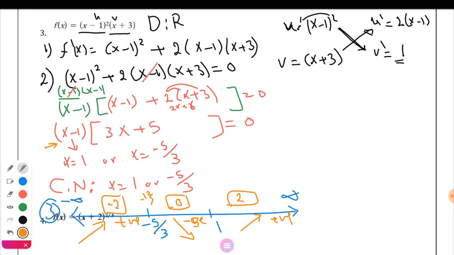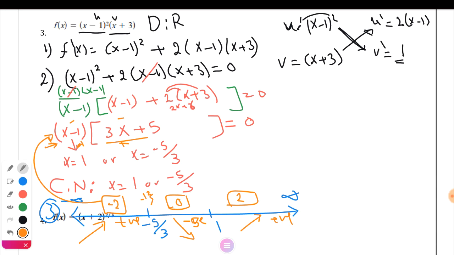I replace by this one in the derivative. Here, -2, -1, it will be -3. This value negative. Multiply by -6, negative multiply negative, it will be positive. If I replace by 0, it will be negative, so this one negative.